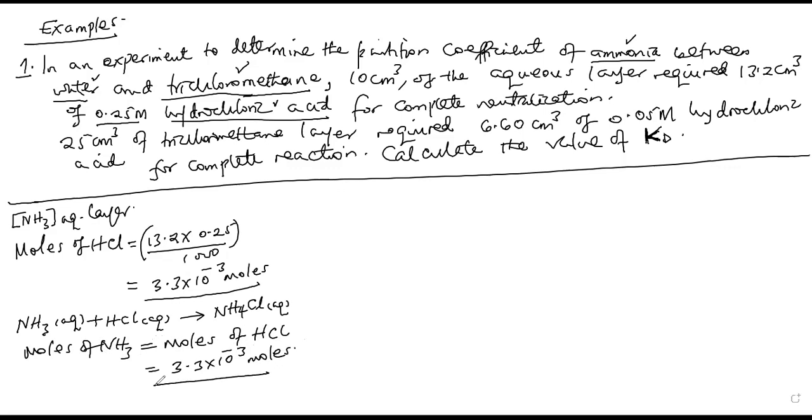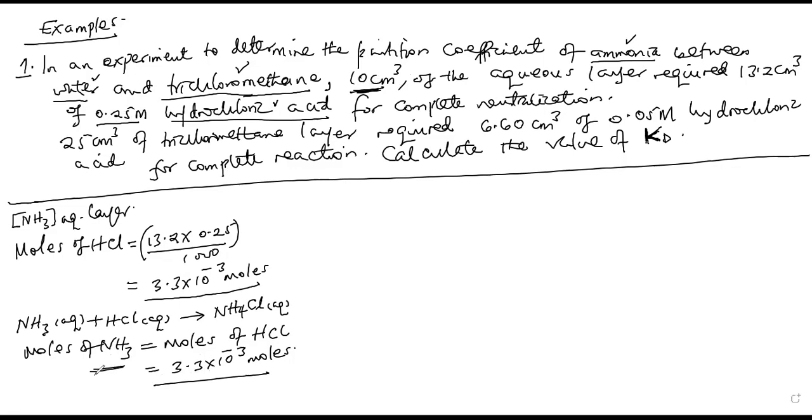Now we can get the concentration of ammonia in the aqueous layer. Remember, 10 cubic centimeters of aqueous layer required 13.2 cubic centimeters of 0.25 molar hydrochloric acid, which yielded 3.3 times 10 to the power negative 3 moles of ammonia.